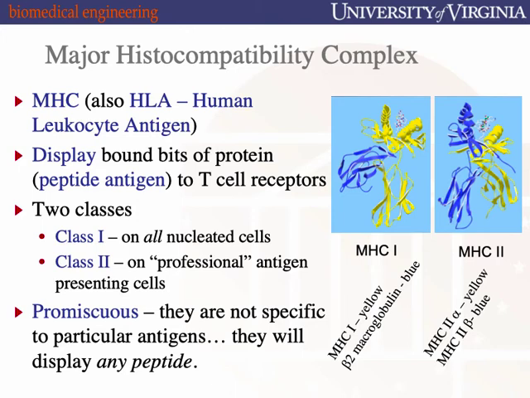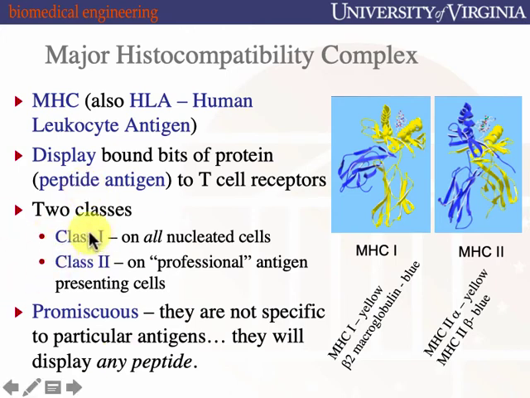That is the human leukocyte antigen. You're human, right? And my leukocytes will recognize your human proteins, right? Because they are not self, okay? So this class of proteins is what really distinguishes you from me, okay? These proteins are two classes. They're going to display bound bits of protein, so peptide antigens, to T cells.